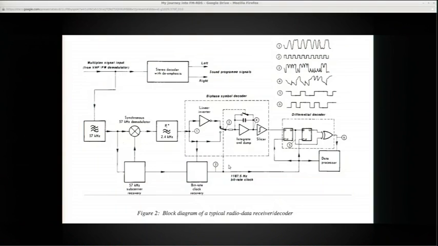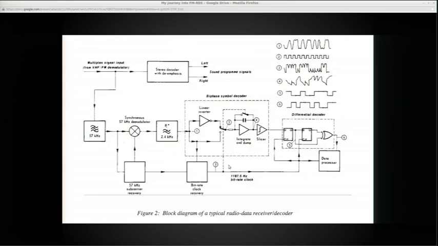And what did I find? Well, the protocol was very well documented. There was, for example, this diagram of an example receiver for RDS. All the parts are there: the FM signal is coming in, the audio is taken out, and we are mixing it with some frequencies to get out the RDS signal and all that stuff.